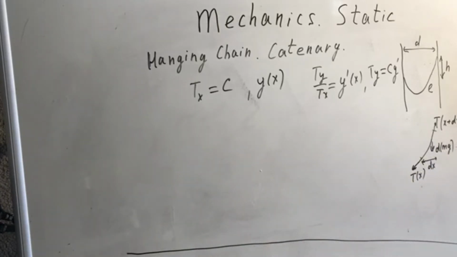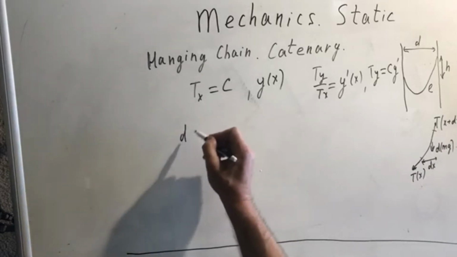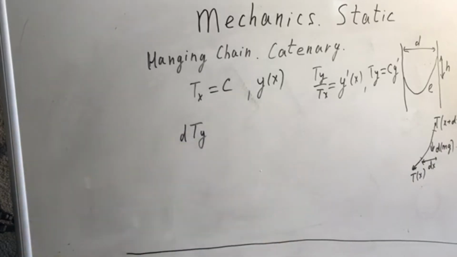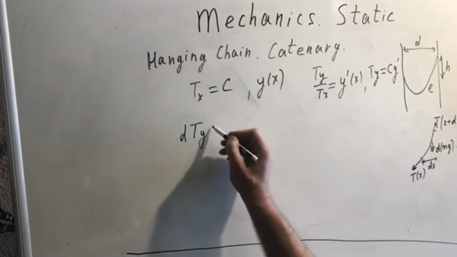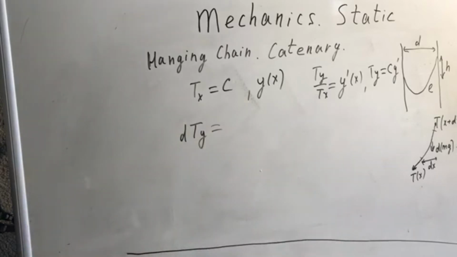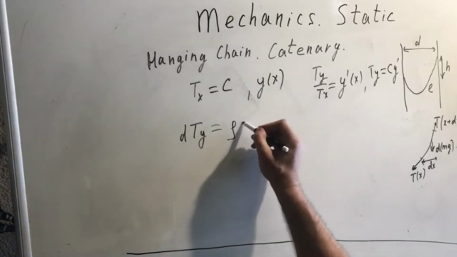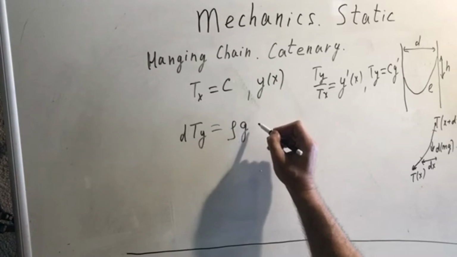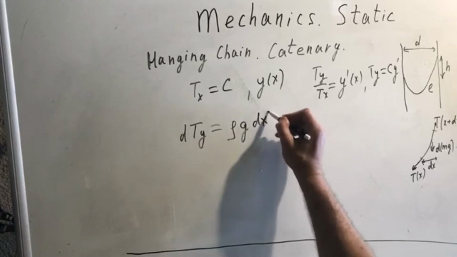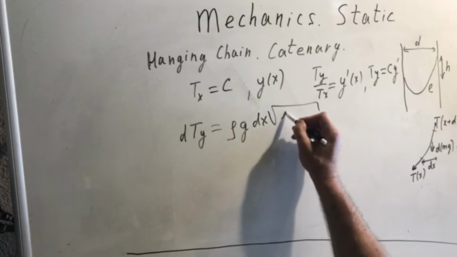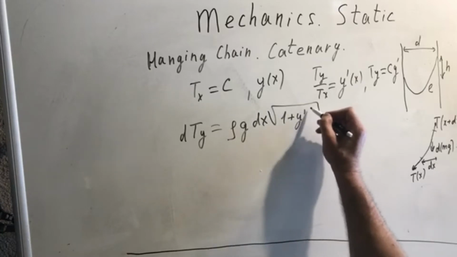We can write this equation: delta Ty, the change of the vertical component of tension, is equal to the length of this part multiplied by rho and multiplied by g. So we can write it in the form dx root of 1 plus y prime squared.